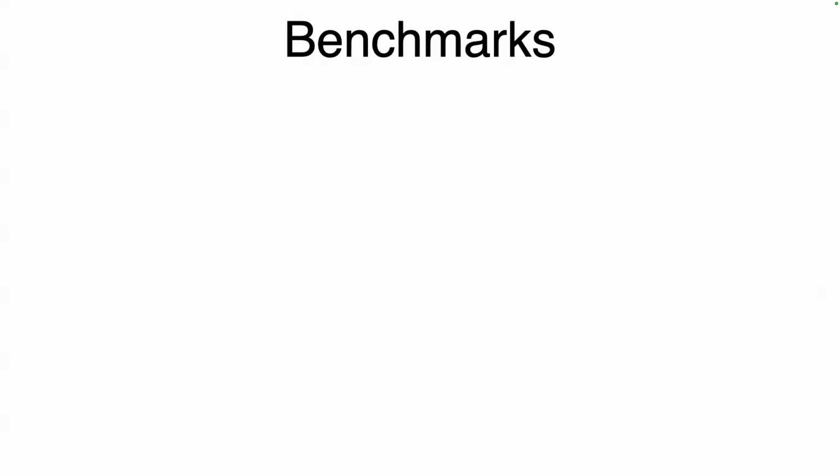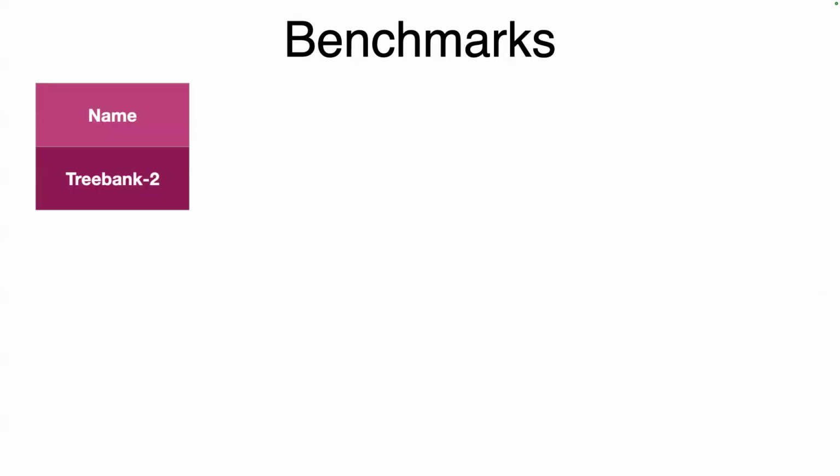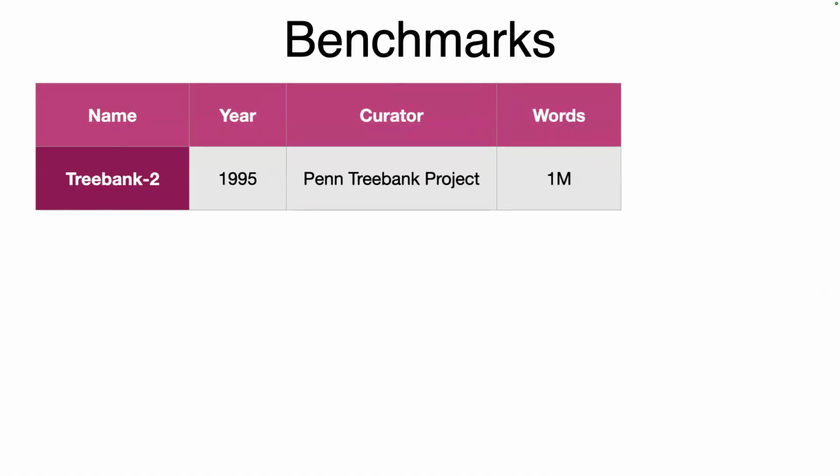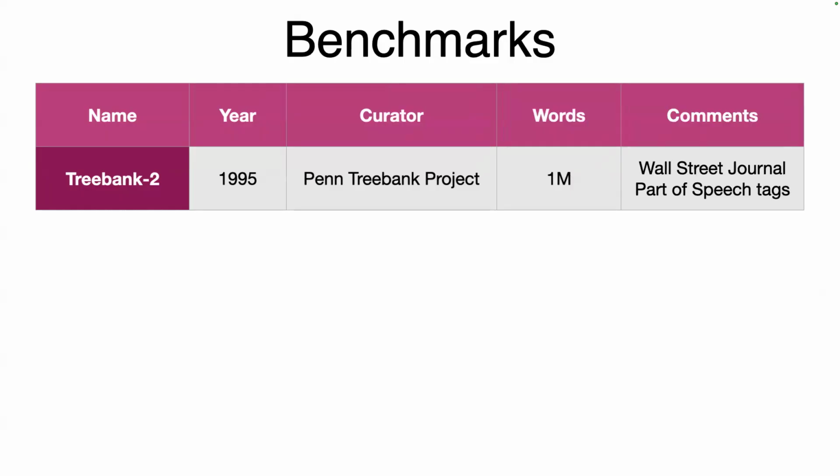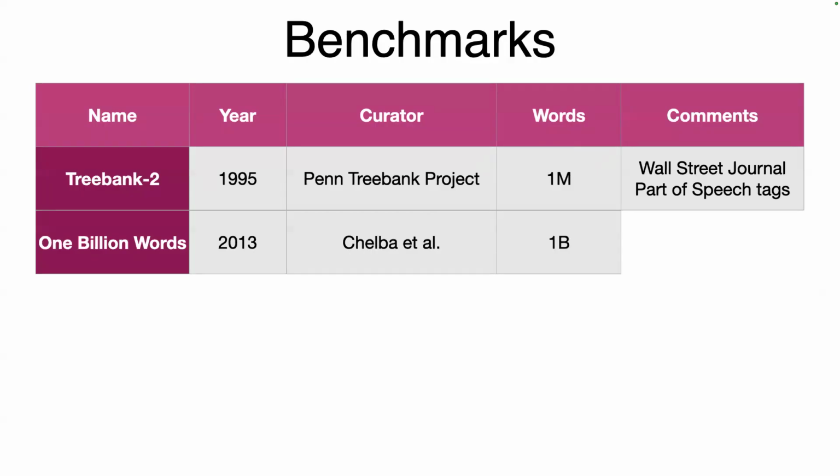Okay, so it's evaluated on several benchmarks. There's the Penn Treebank, which people came up with in 1995, and consists of 1 million words taken from the Wall Street Journal. There's the 1 billion word benchmark, 2013.